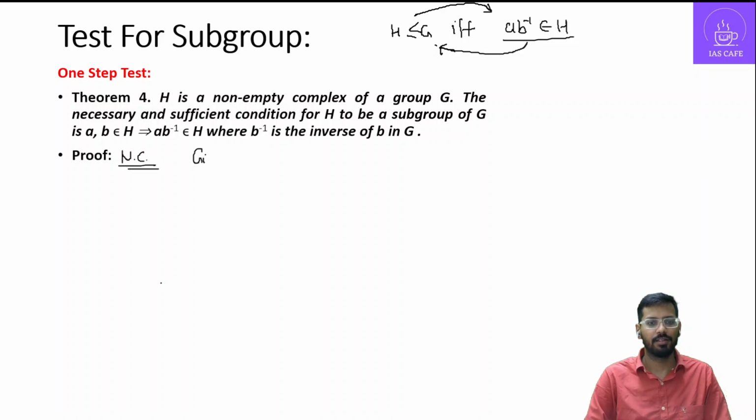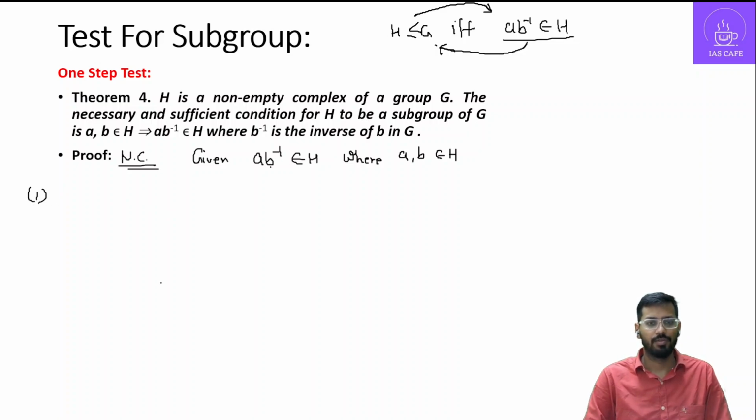For that, given that AB inverse belongs to H, where A and B belong to H. Okay? That is given, right? From this, we will check for properties of group.